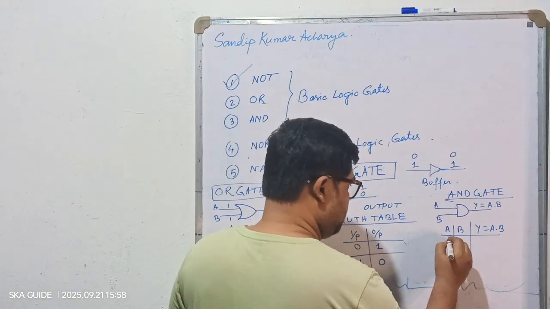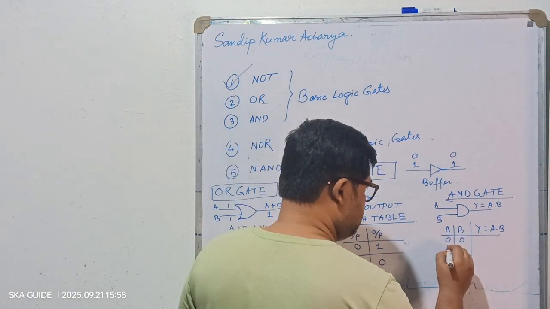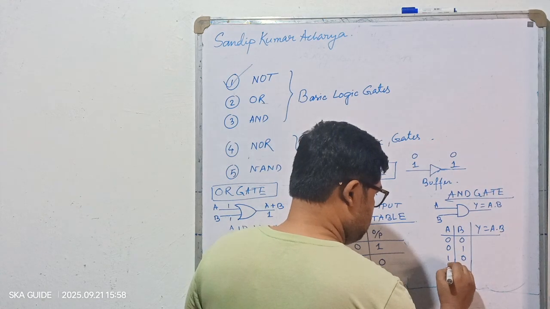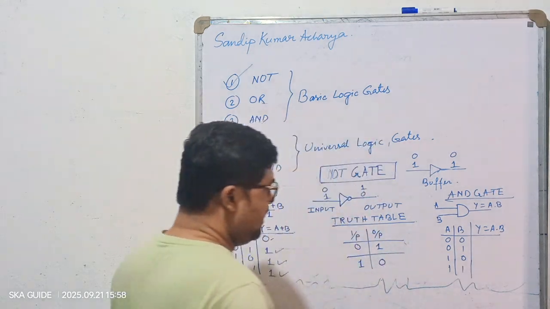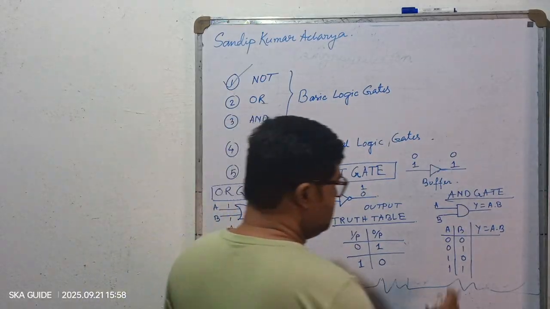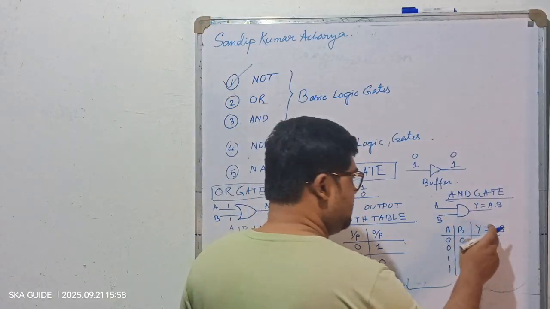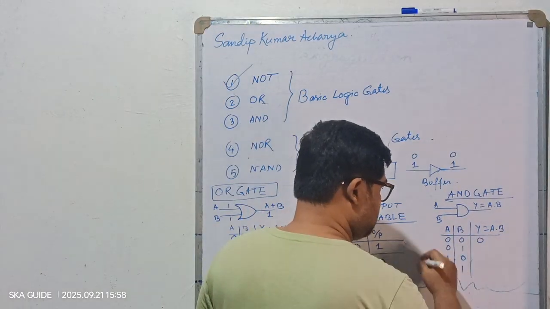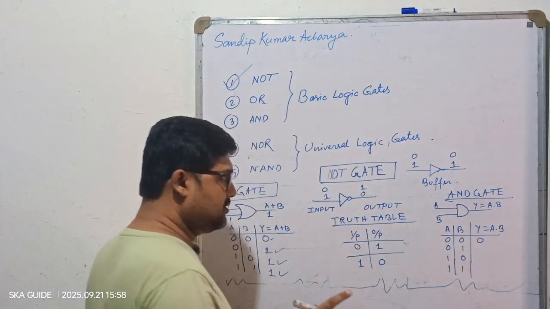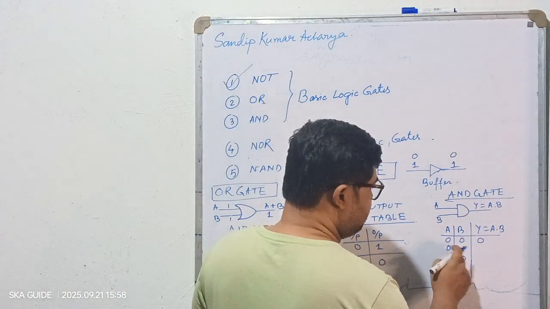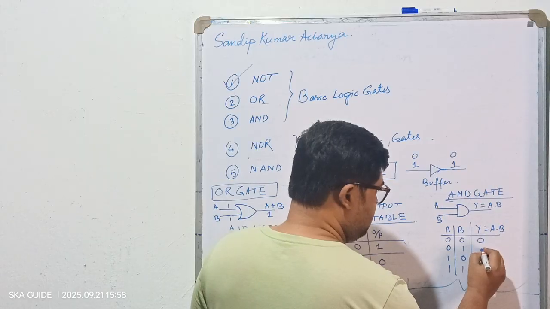Here again we have four combinations: 0 0, 0 1, 1 0, and 1 1. If the input is 0 and 0, you will get 0 into 0, the output will be 0. Once we get a 0, the output will be 0. That means 0 into 1 for the second case, it will be 0.